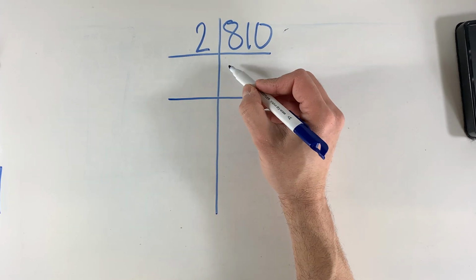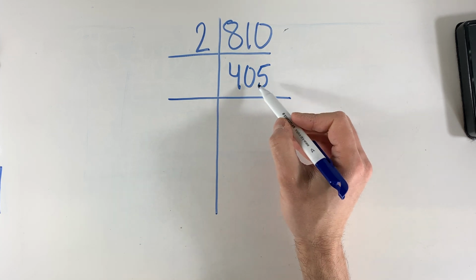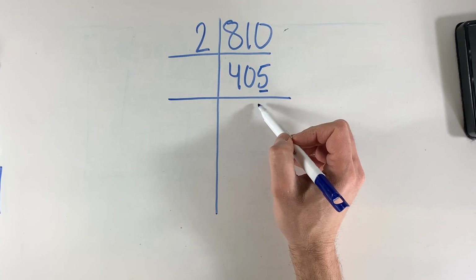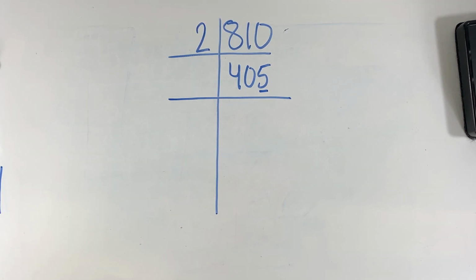810 divided by 2 is 405. 405 ends in a 5, which means it will be divisible by 5.